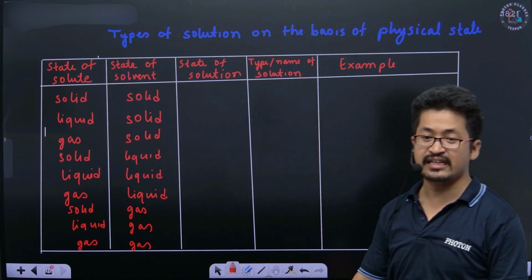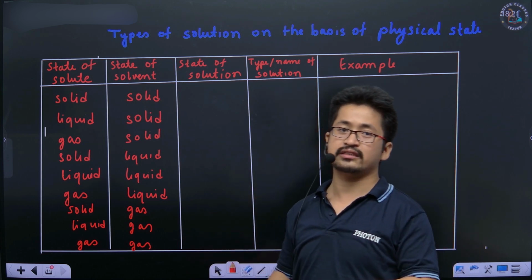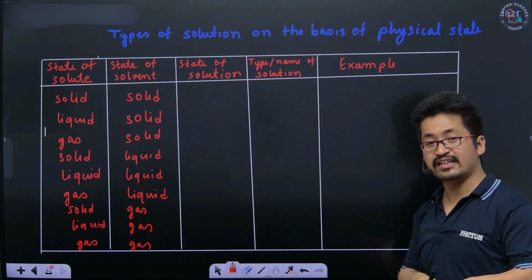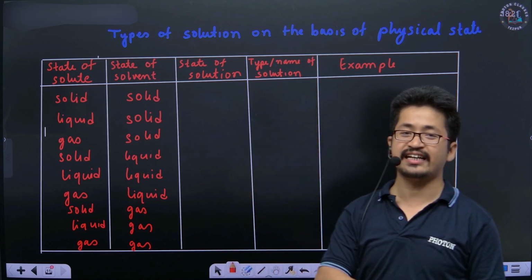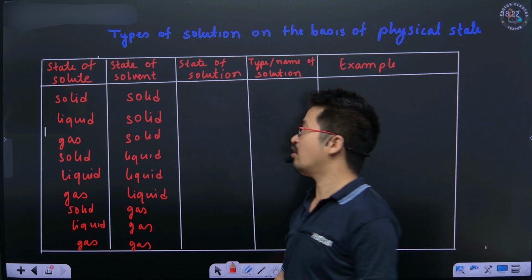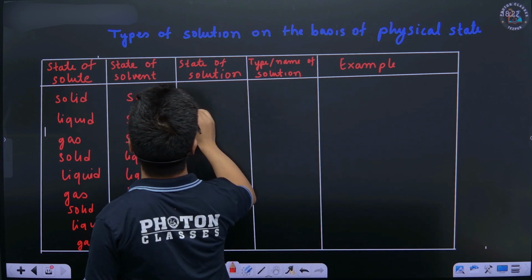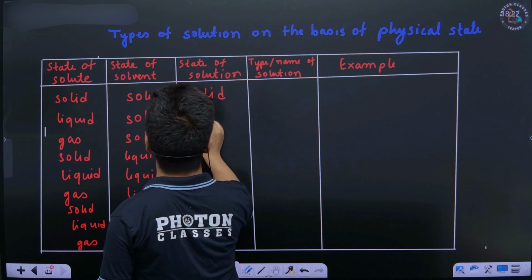So that means if the solvent is in solid state, then the solution will also be in solid state. Similarly, if the solvent is in liquid state, the solution will also be in liquid state. If the solvent is in gas state, the solution will also be in gas state. Is that clear to everyone? Fine. So here the state of the solution will be solid, and here also it will be solid.